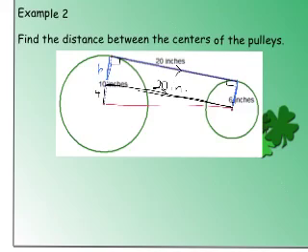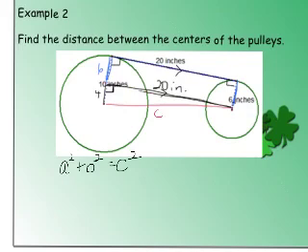Since I have parallel lines, I can think corresponding angles, alternate interior angles, all that good stuff. So there's a 90-degree angle hanging out down here. So now what I have is a right triangle. So now I can figure out a squared plus b squared equals c squared. So I'm looking for my hypotenuse. It's the longest side across from 90. So if I think a squared plus b squared equals c squared, I can plug in 20 squared plus 4 squared equals c squared.